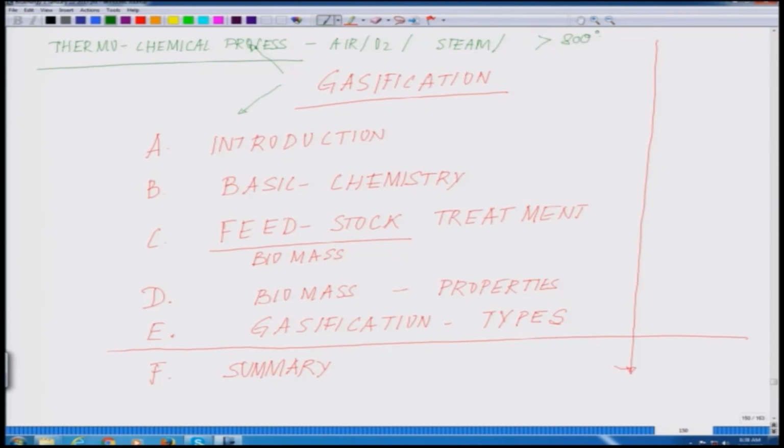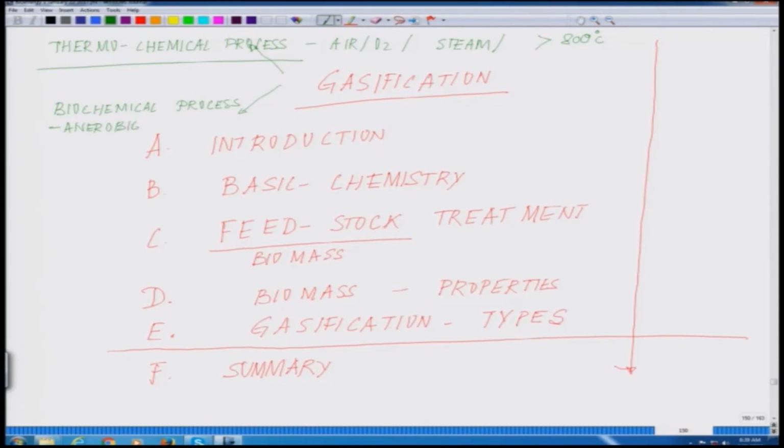centigrade. Whereas, the other route is the biochemical process, which is a very, very lucrative route. This route essentially uses microbes, mostly anaerobic microbes.